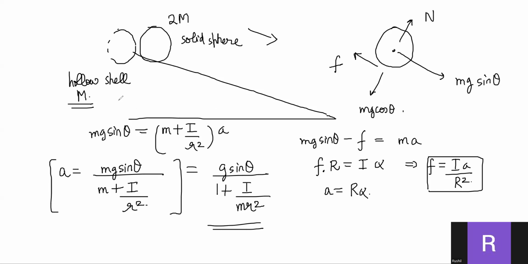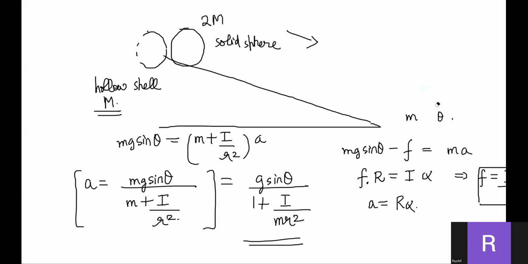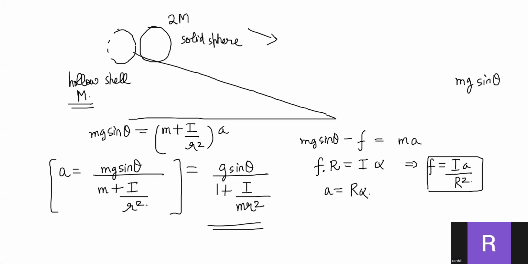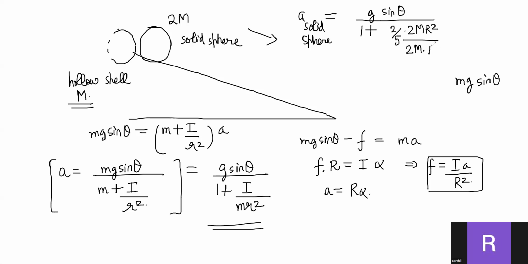In our case, for solid sphere and hollow shell, we'll calculate the acceleration. Acceleration for solid sphere is g sine theta by 1 plus (2 by 5)(2m r squared) divided by 2m r square, which is 5 by 7 g sine theta.